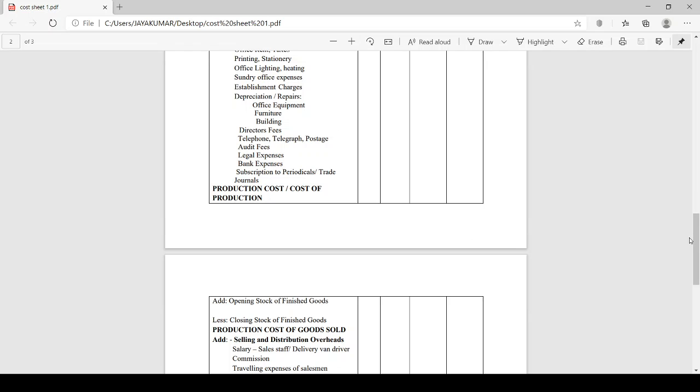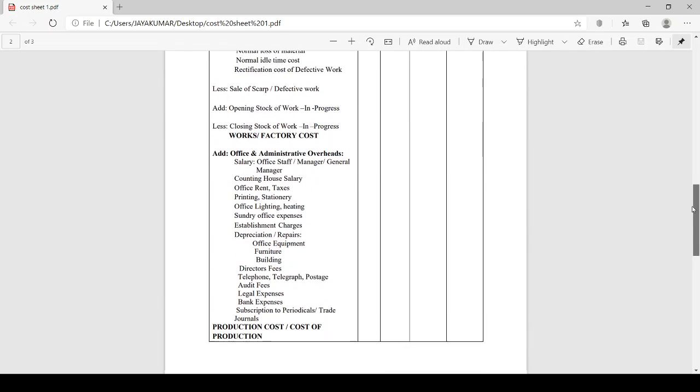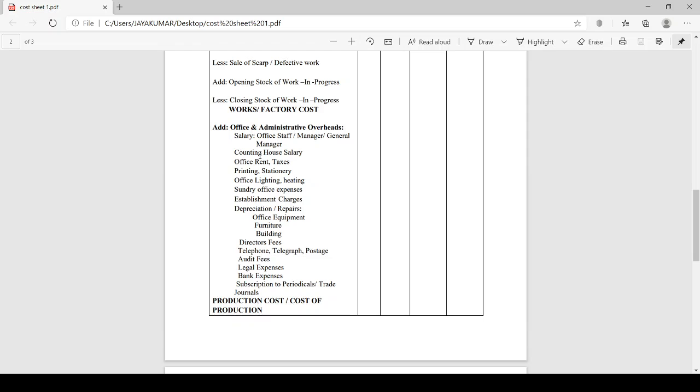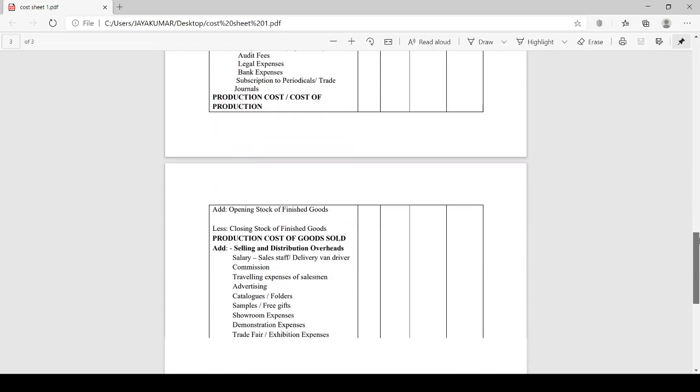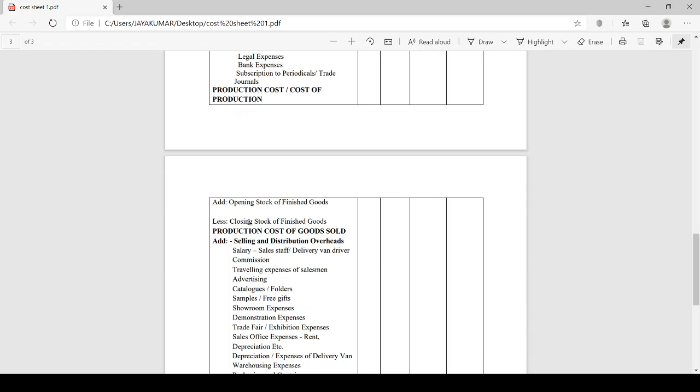All these are the office or administrative overheads. So administrative overheads are all the expenses incurred in the office for the purpose of general management. So all these will be added to the factory cost. What we get is the production cost, or we call it the cost of production. Now we have to adjust the stock of finished goods.